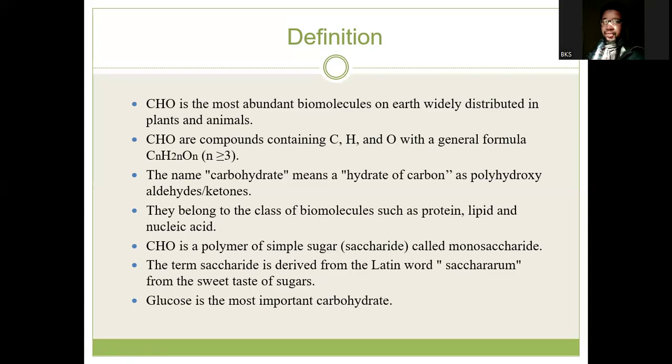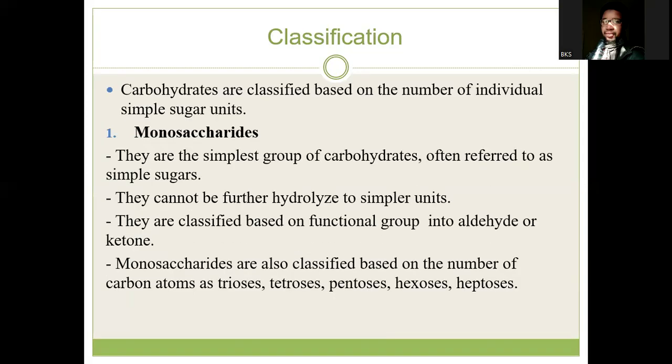Saccharide comes from a Latin word meaning sweet, of sugar. Here we have monosaccharide as one sugar, mono saccharide. So glucose is the most important carbohydrate. Glucose represents the most important.